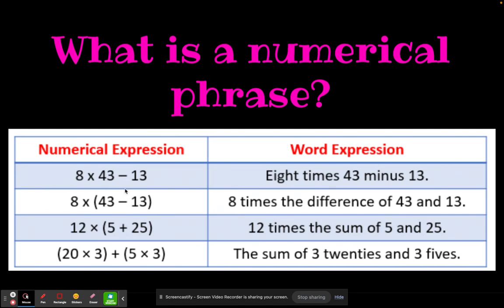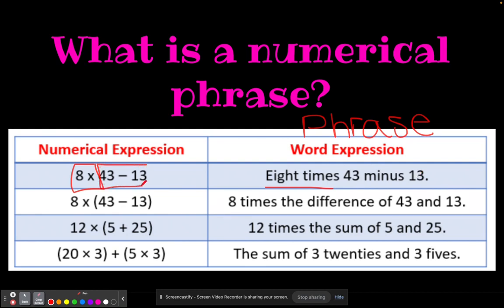Notice the expression is like your actual problem, right? Can you turn it into a phrase? So when they say a word expression, the phrase, this is your phrase over here. Anytime you're just using words, it means you need to know your vocabulary. So this says 8 times 43 minus 13.